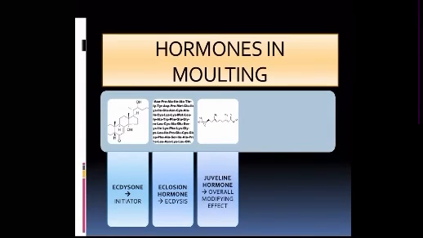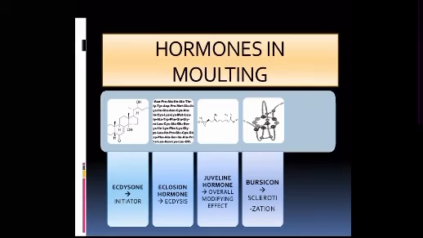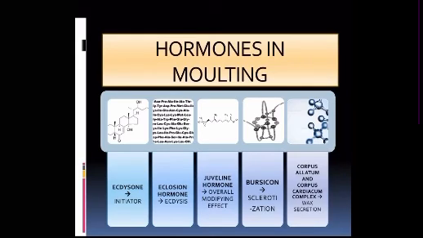Then is the juvenile hormone, which causes the retention of juvenile characters. Then we have bursicon, which causes sclerotization. Lastly, we have the corpus allatum and corpus cardiacum complex, which cause wax secretion.